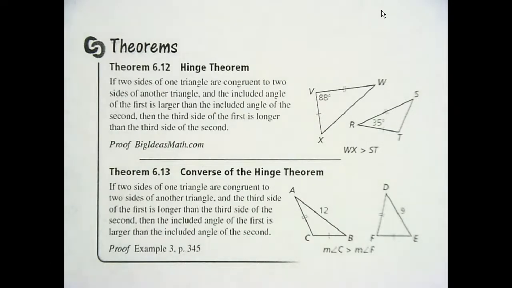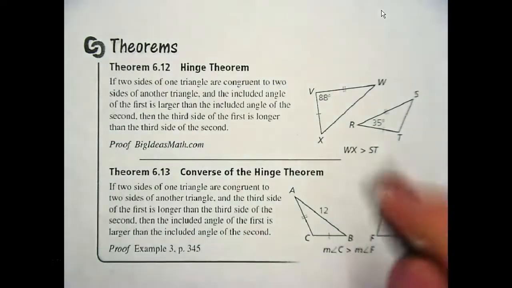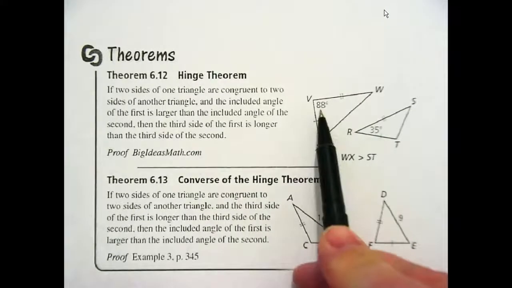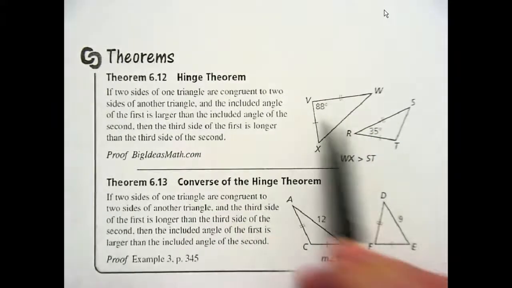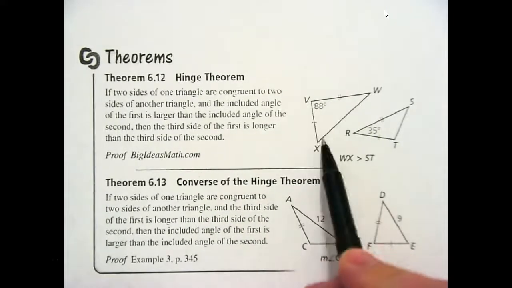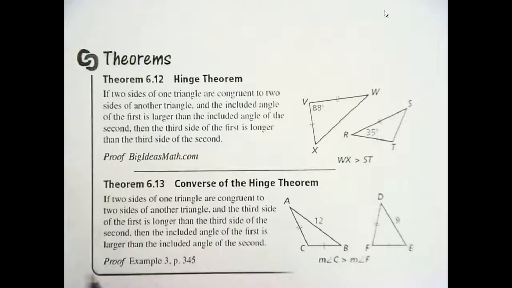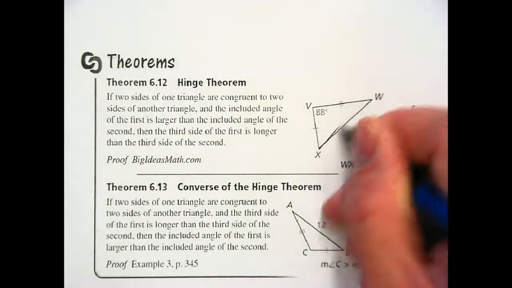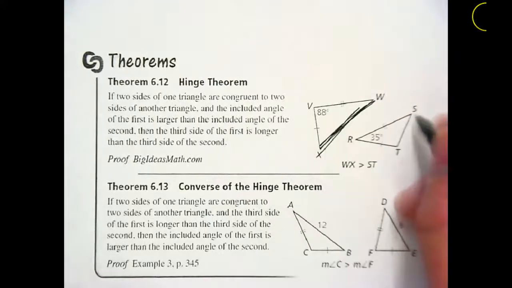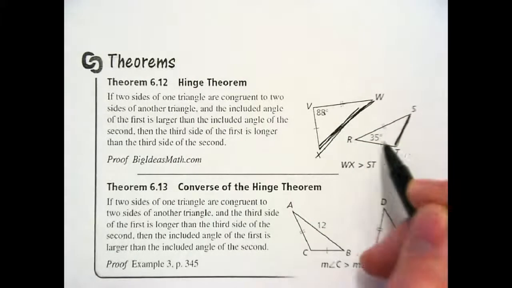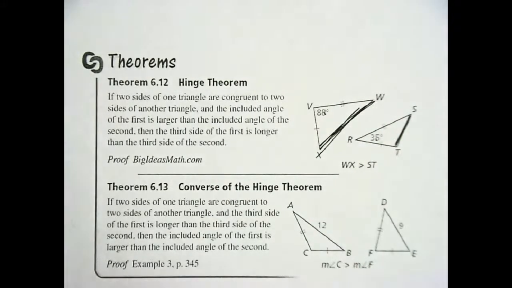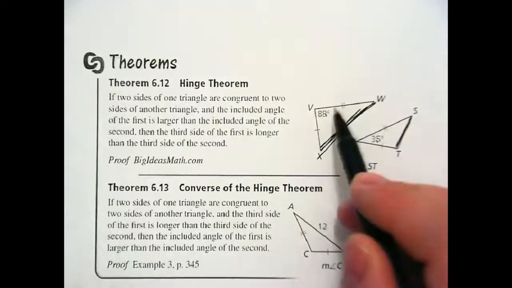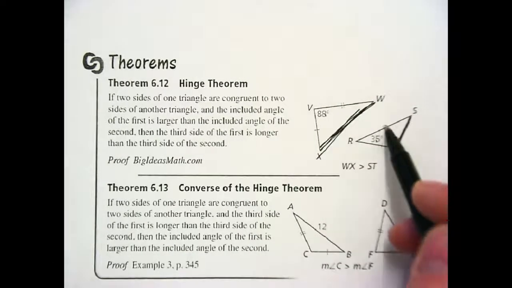So in other words, if you have two triangles, and this is congruent to that, that's congruent to that, and that angle in between is bigger than the other angle there, then this side will be bigger than that side. Okay? So this side has to be longer than that side because that angle is bigger than that angle.